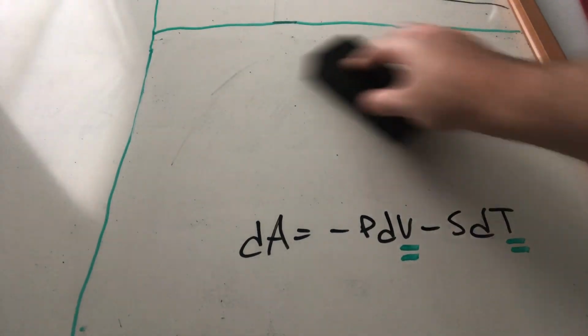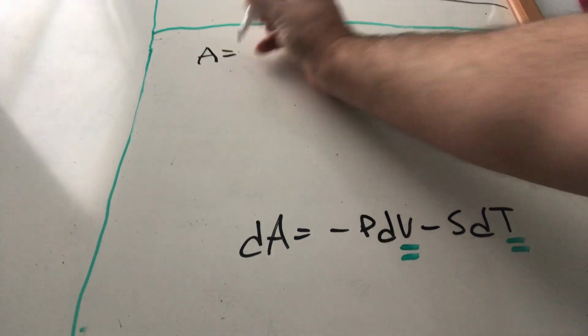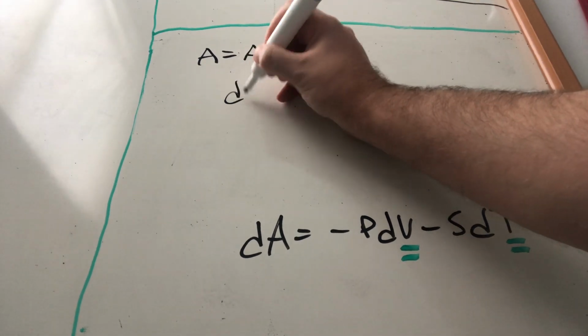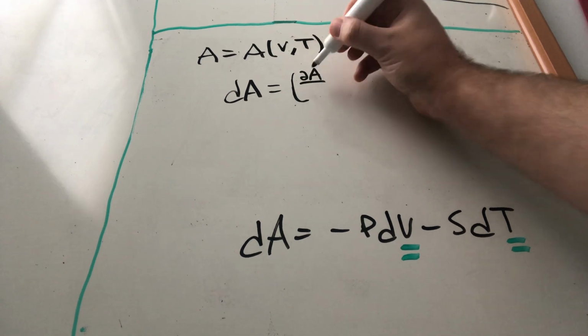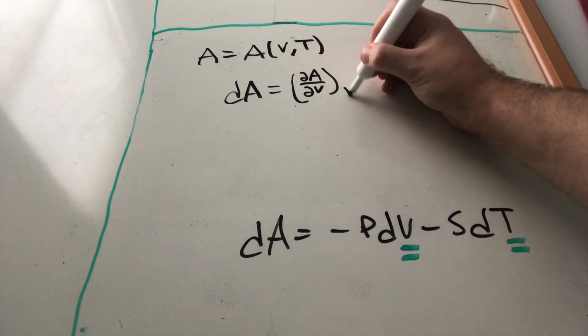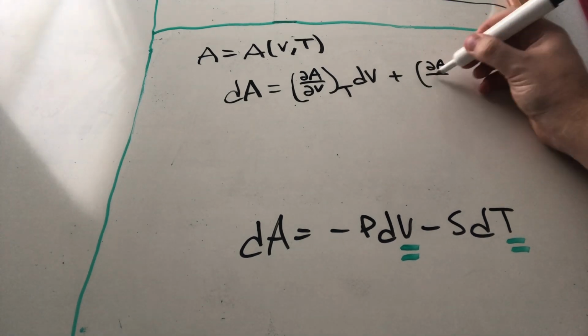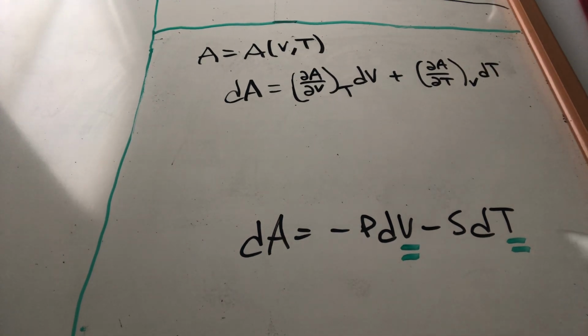After our derivation, recognizing that we get this simple form for A, we know that we can write A as a function of V and T. And so dA looks like partial A, partial V at constant T, dV, plus partial A, partial T at constant V, dT.